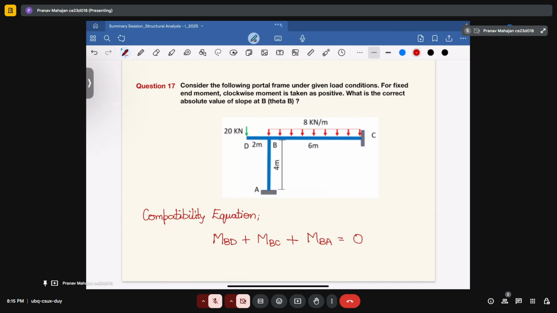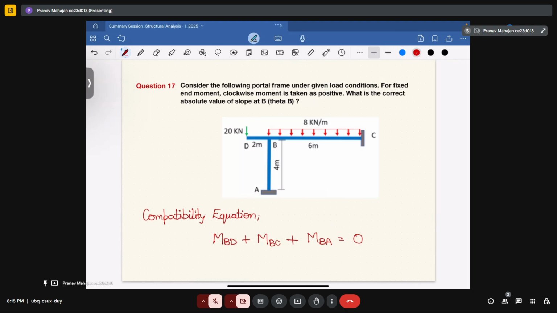In this case, we can make the BD member equal to a concentrated moment applied at point B in the anti-clockwise direction, and that will give you a two span member where AB has a length of 4 meter and BC has a length of 6 meter.